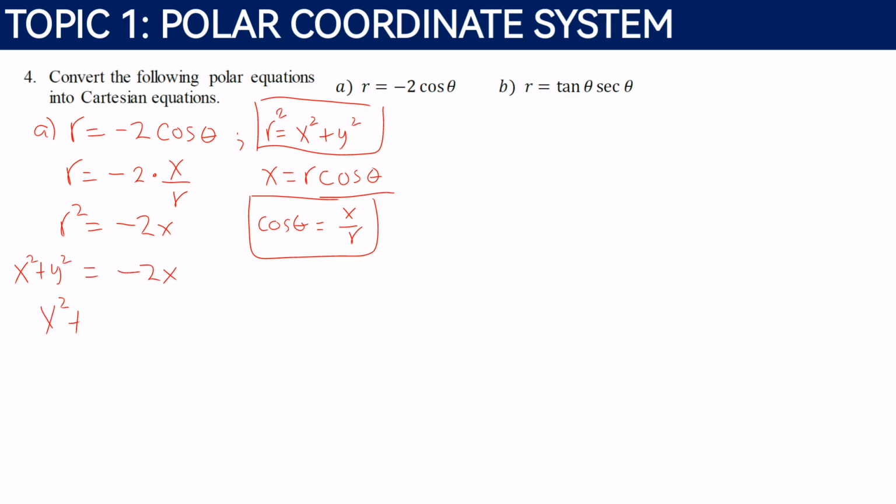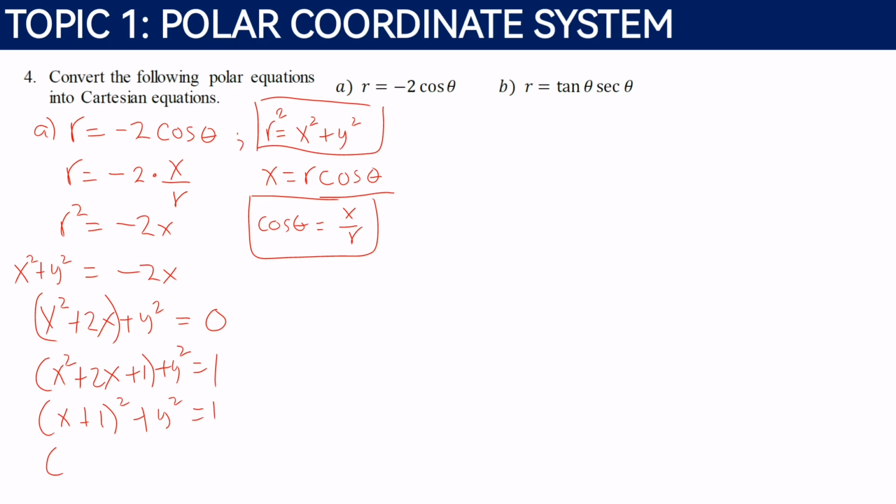So I have x squared plus 2x plus y squared equal to 0. Completing the square, I have x squared plus 2x plus 1 plus y squared equal to 1. Factoring, I have (x plus 1) squared plus y squared equal to 1, which I can rewrite as (x minus negative 1) squared plus (y minus 0) squared equal to 1 squared.